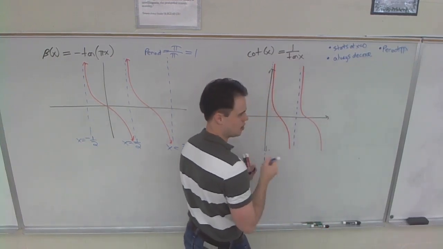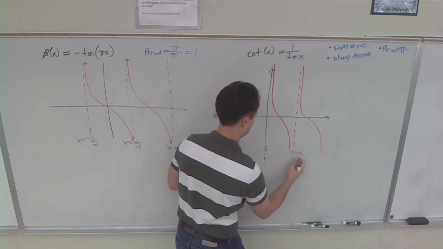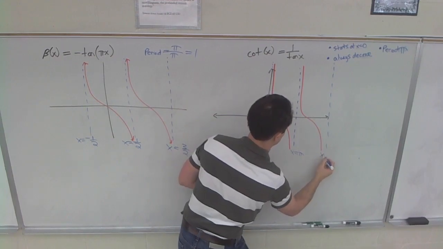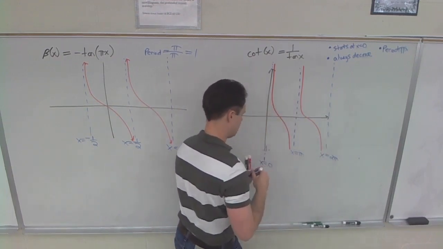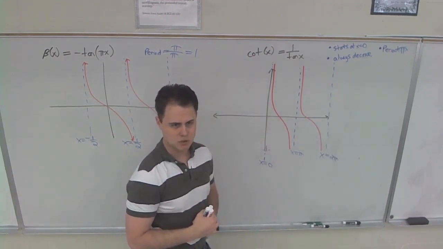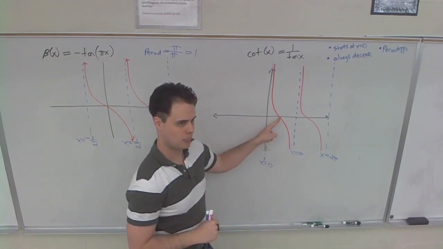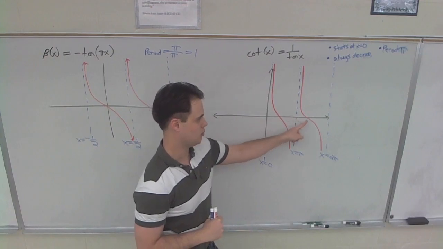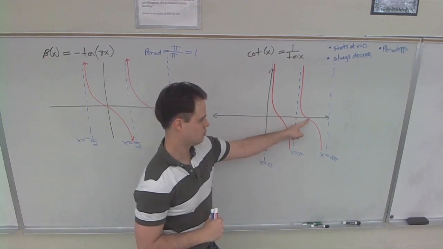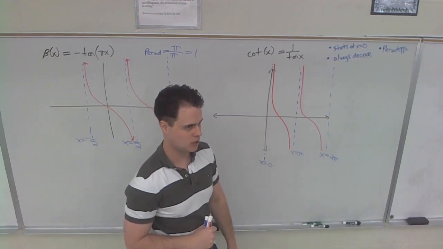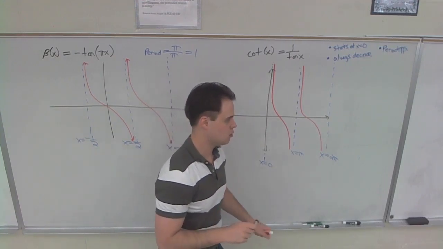And I said this was at pi, right? So the next one's going to be at 2 pi. If you wanted the x-intercepts of cotangent, plain cotangent, then one of them would be at half pi. Another one would be at 3/2 pi, 1.5 pi, etc. Okay, so there is plain cotangent of x.